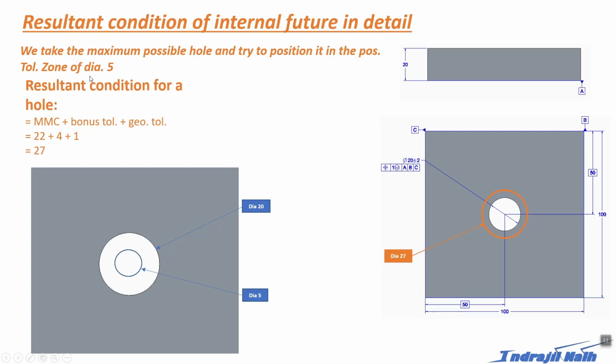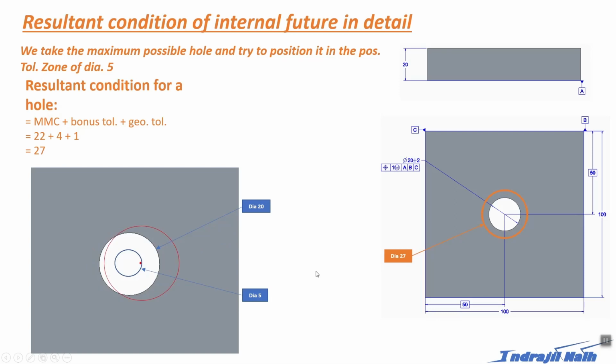Why 5? When we take the maximum possible hole, it will be 22. When we take the value 22, you get bonus tolerance, and your position tolerance and your bonus tolerance add up, and your total tolerance becomes 5. As you can see, 4 plus 1 becomes 5 here. So this total position tolerance becomes 5, and your maximum hole, which is your 22 dia, can move around this position tolerance region.